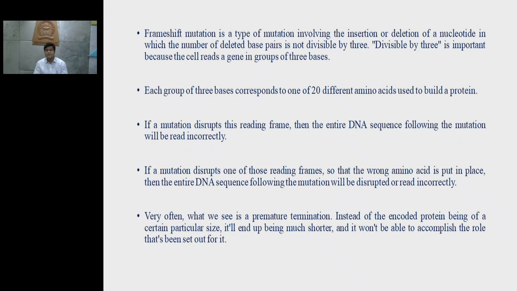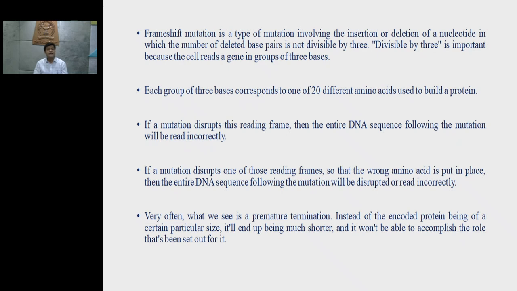In a reading frame, one codon may change, and of course the entire sequence of that region may change. This is very important because there is a quite a possibility of forming premature termination.